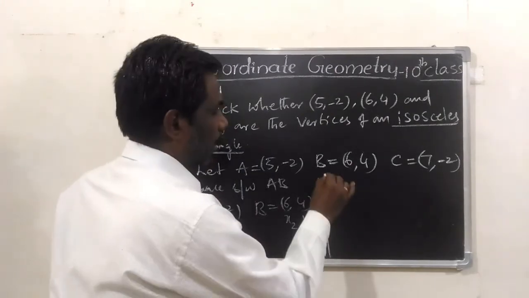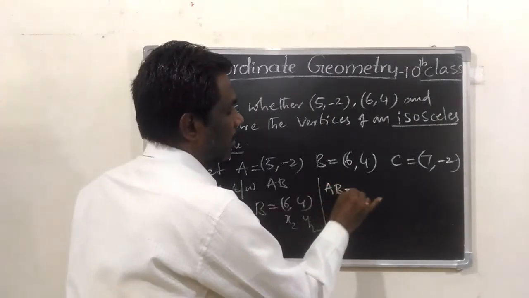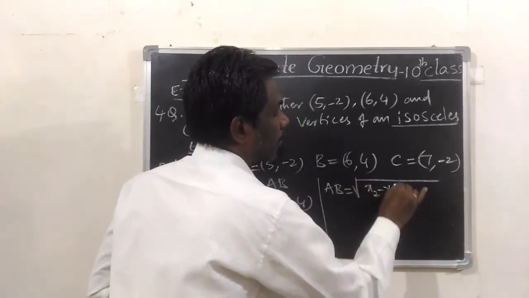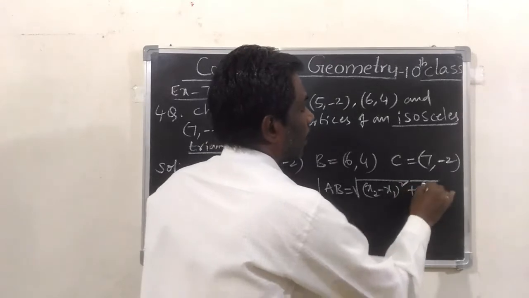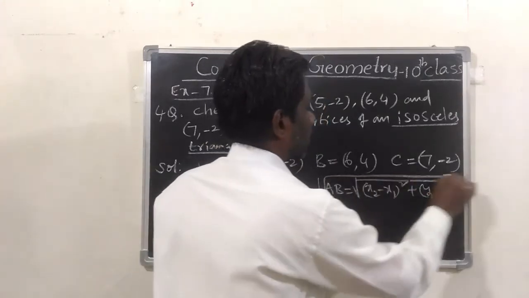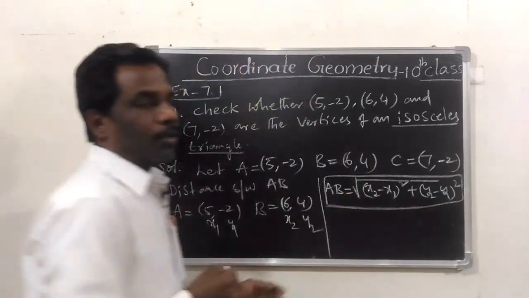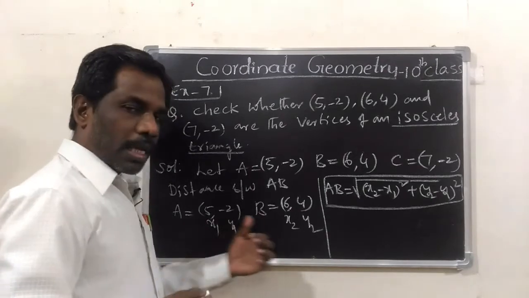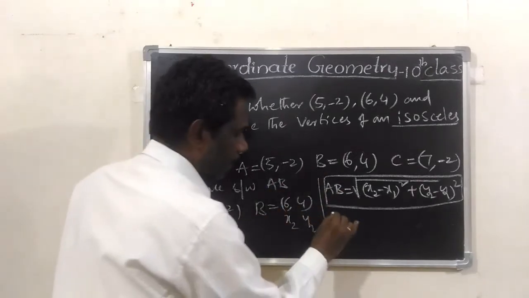That's why we can use the formula AB equals under root of (x2 minus x1) whole square plus (y2 minus y1) whole square. Now I am going to substitute these two points A and B in that formula.